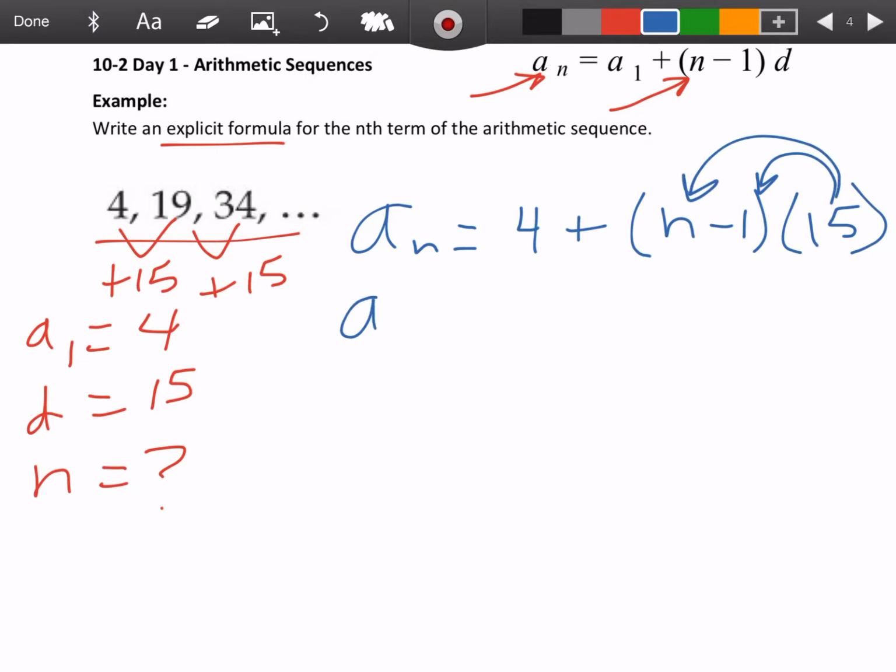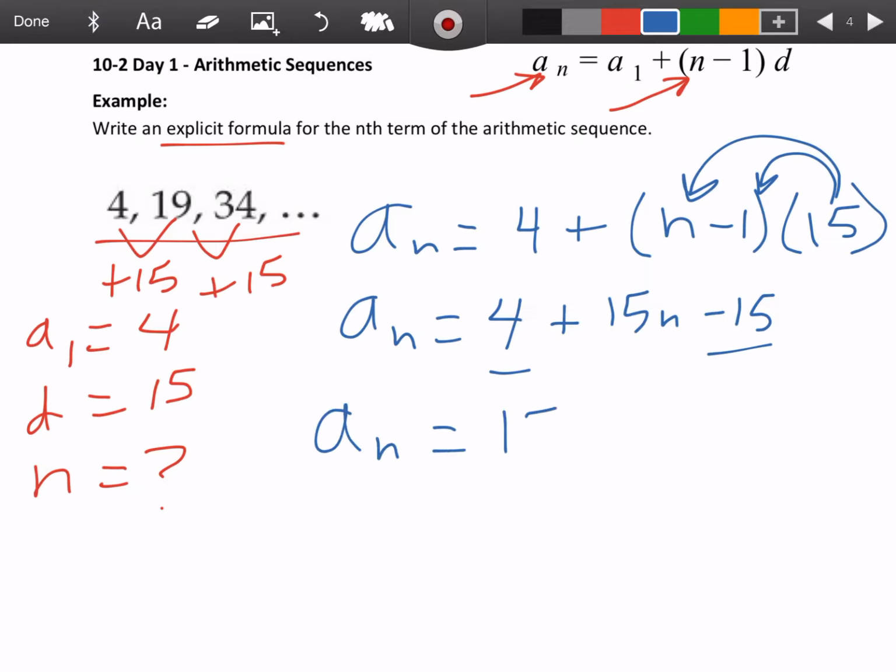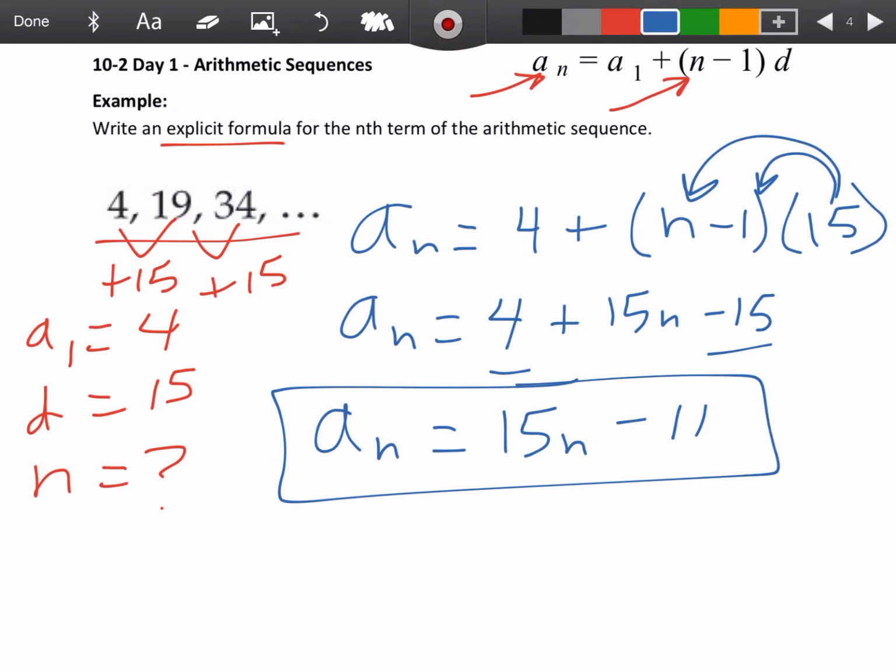So we have a of n equals 4 plus, this would be 15n minus 15, and then we could combine the 4 and the negative 15 there. So we'd say a of n equals 15n minus 11. And that would be our explicit formula for this sequence.